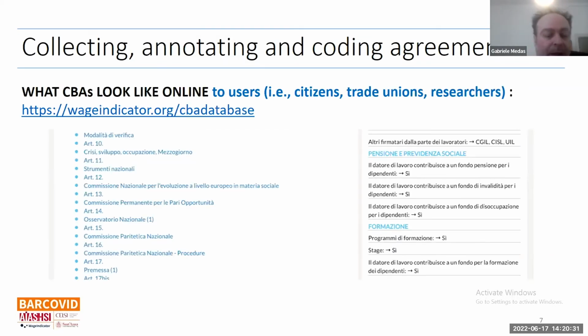Here we can see how the CBA looks on the national website after it has been coded by the annotator. We see the headings on the left side, and on the right side we can see the analysis made by the annotators.